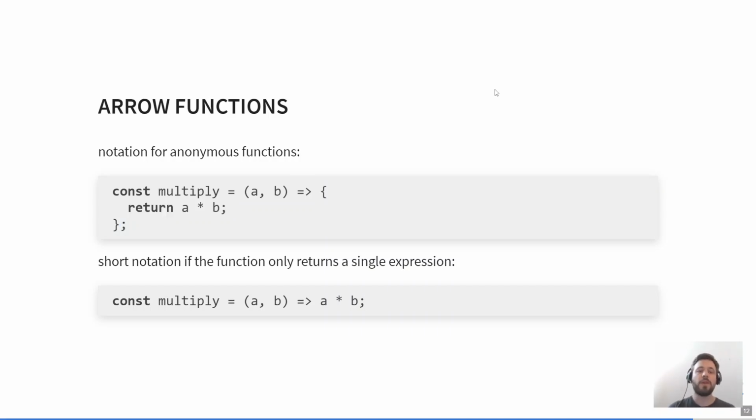We can also make use of a short notation in some cases. So some simple functions can use this shorter notation down here, where I leave out the curly braces and also leave out the return statement and just provide one single expression that will determine the return value.